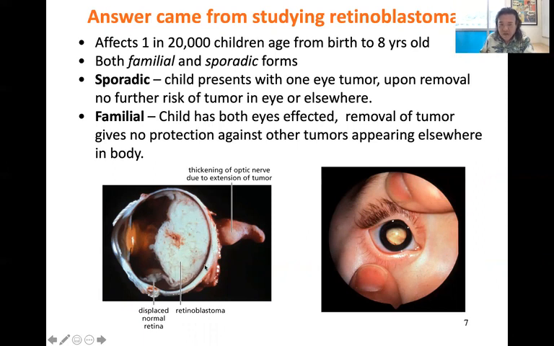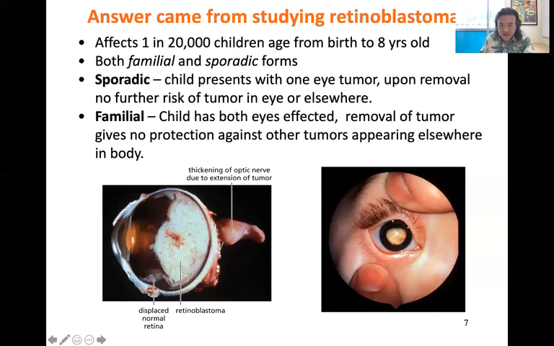So you end up with a solid tumor mass that ends up causing blindness, and if unchecked and undetected, can spread.